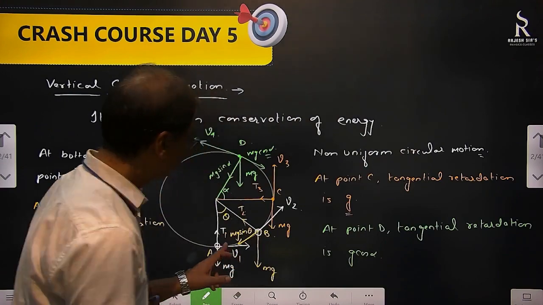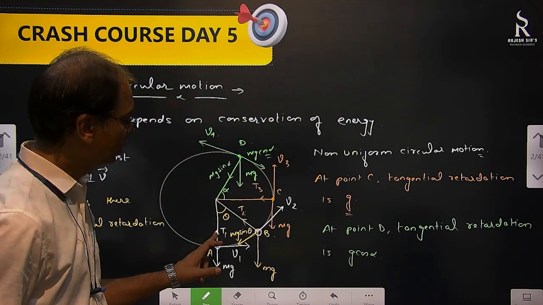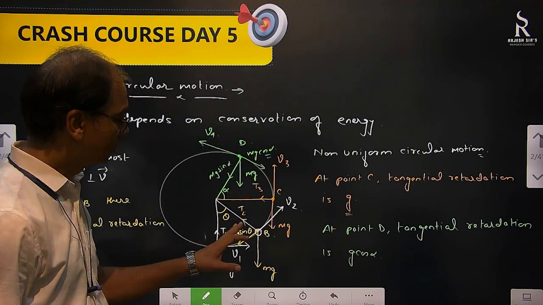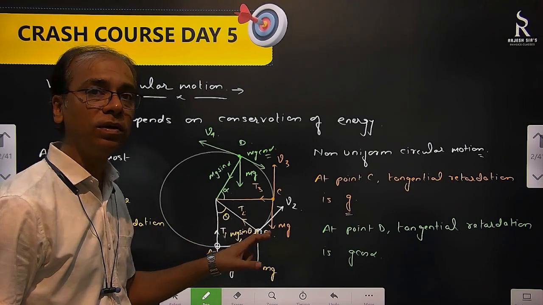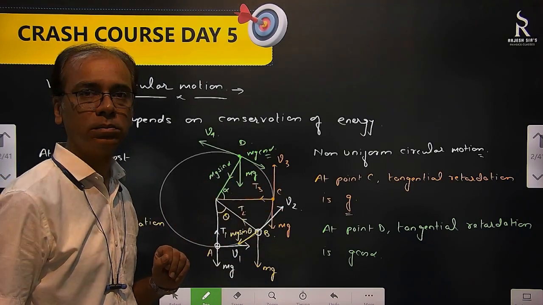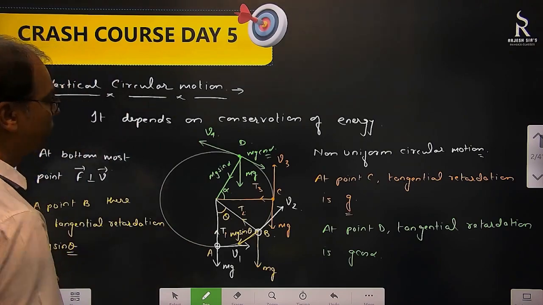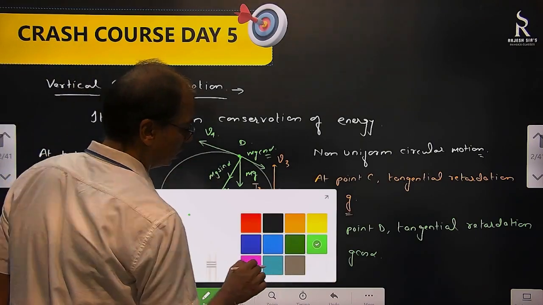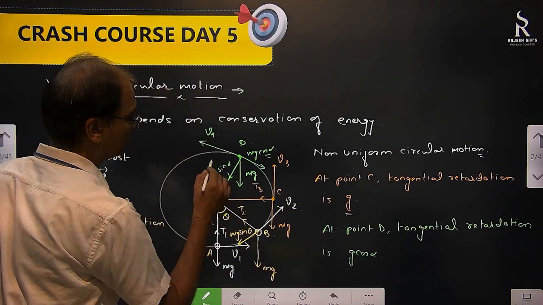Throughout, you are seeing that this gravitation force component is trying to decrease the velocity as it's going up. Finally, see what is happening at point E now. Point E is this.